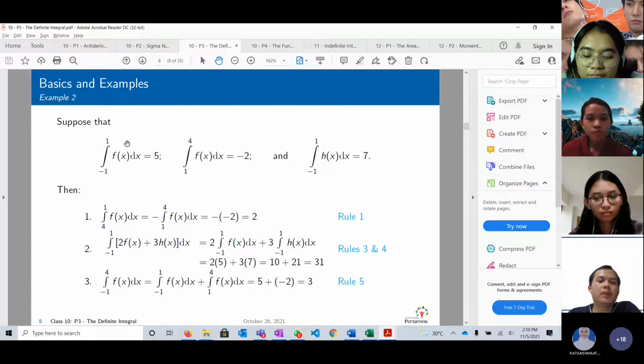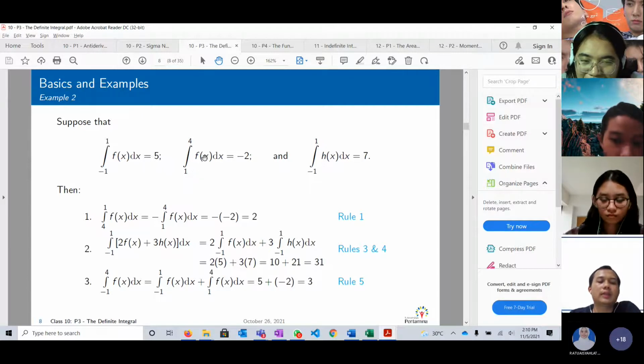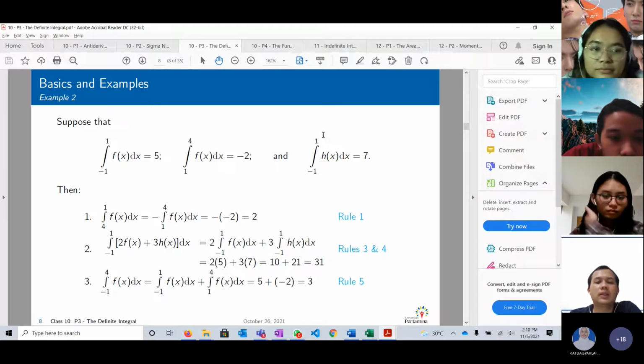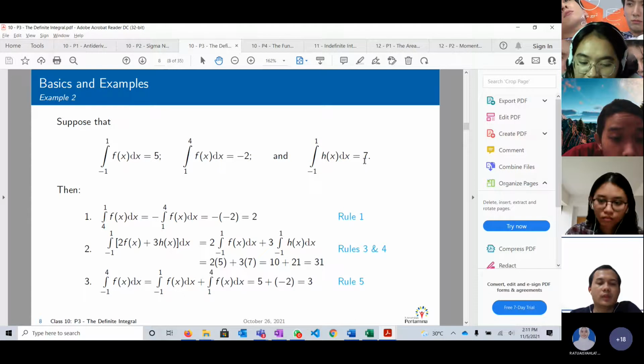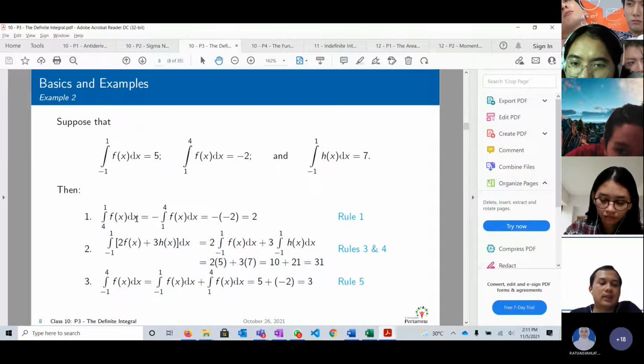For example, suppose that we have the integral from -1 to 1 of f(x) dx is 5, the integral from 1 to 4 of f(x) dx is -2, and the integral from -1 to 1 of h(x) dx is 7. If we are asked to find the value of the integral from 4 to 1 of f(x) dx, then we flip the limits.